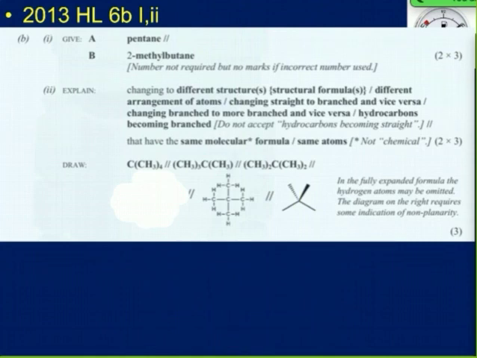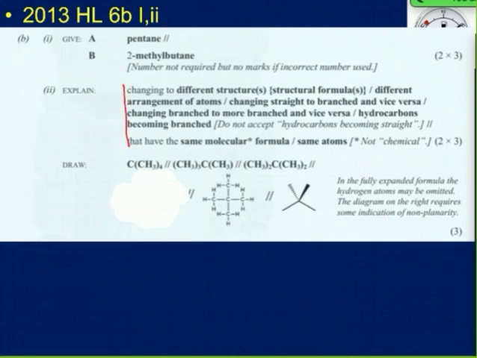So for the 2013, I was looking for B. So give the systematic name for A and B. So that was pentane and 2-methylbutane. It asked explain the term isomerization. We technically haven't done that yet, so that's okay.